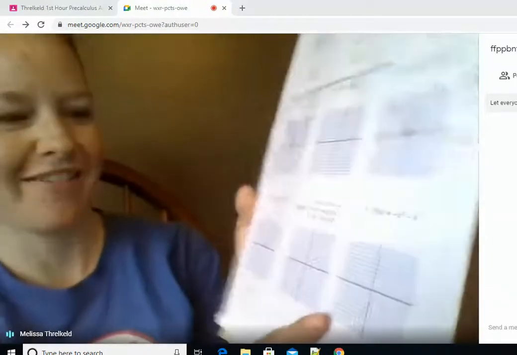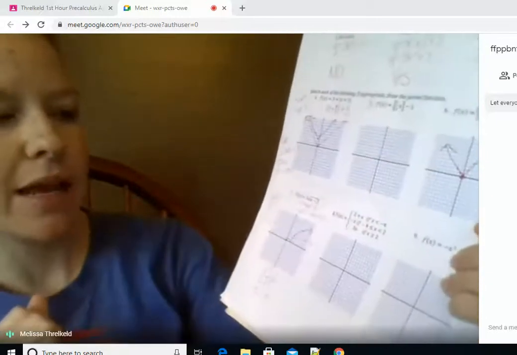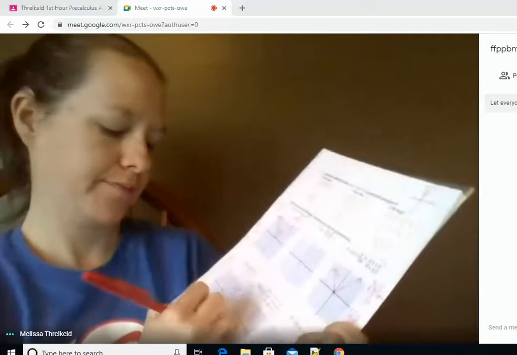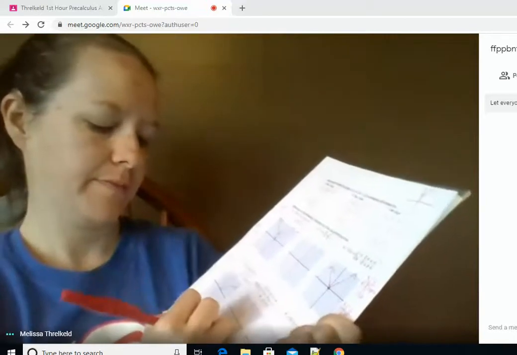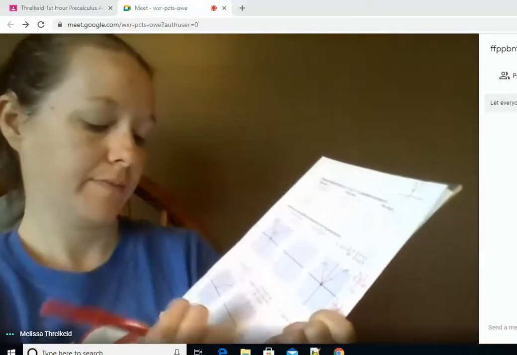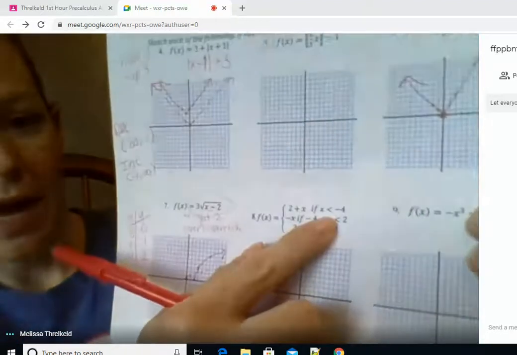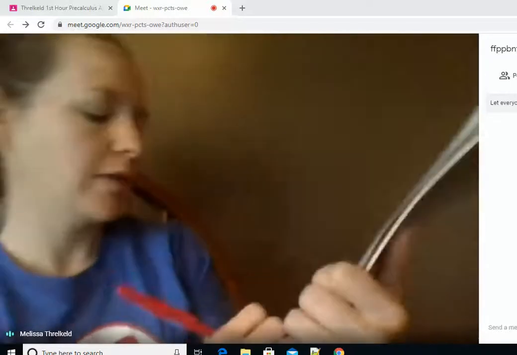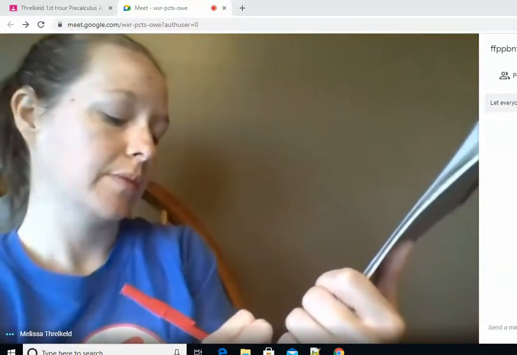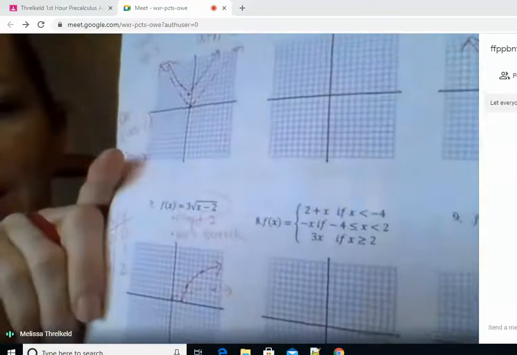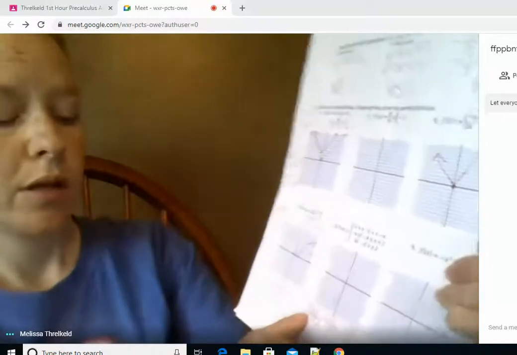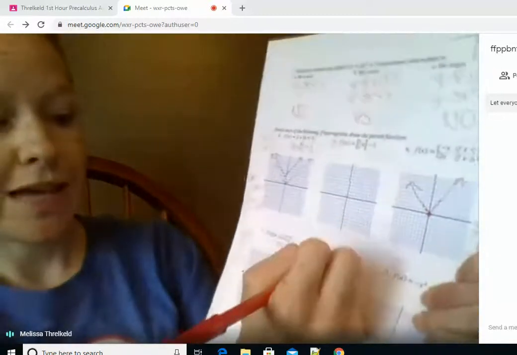Okay. All right. Number 8, how many T-charts do I have to make? 3. Okay. So the first one, no matter what, we have to start by plugging in negative 4. Because it doesn't have an equal to, that one will be open. And then it said x is less than negative 4, so I do things smaller than that. So maybe a negative 5 and a negative 6. Then plug them into 2 plus x.